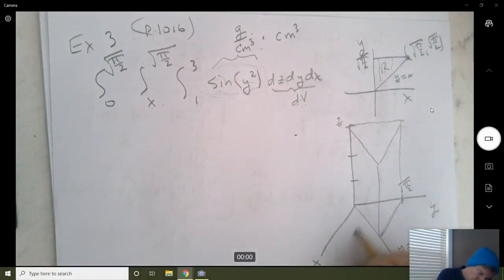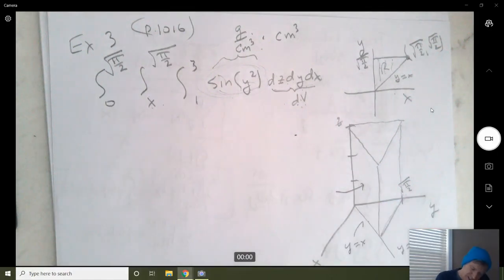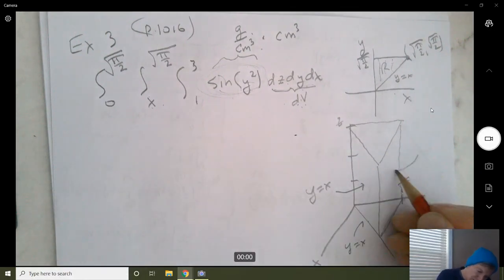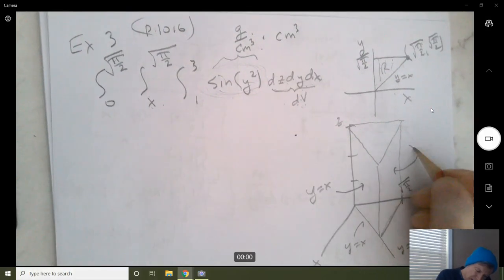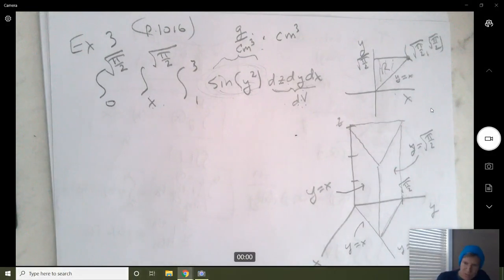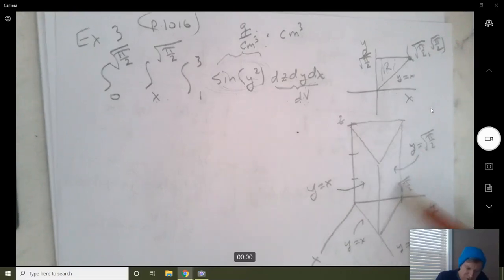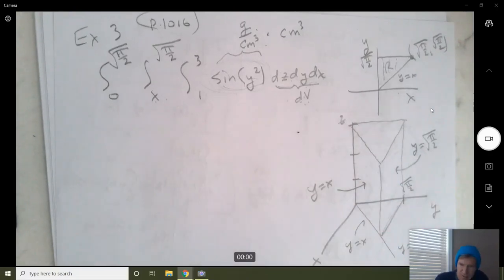So this right here is y equals x. In fact, this entire side is y equals x. That's a plane. This right here is the plane y equals root pi over 2. It's a little bit tricky to see this. These both look slanted, but this one is actually straight. It's parallel to the xz plane.